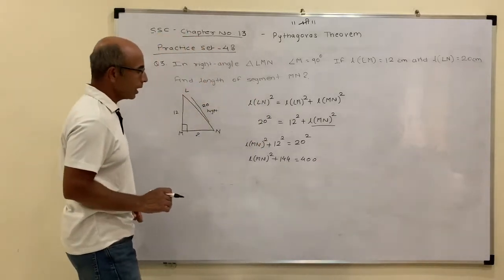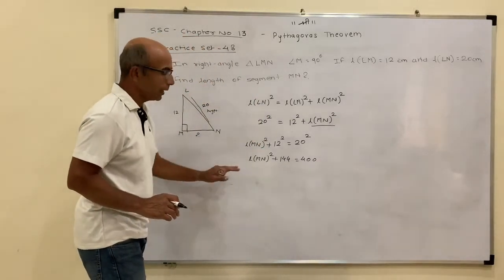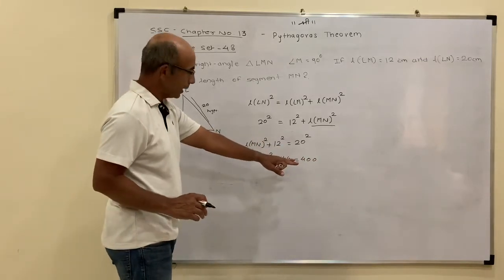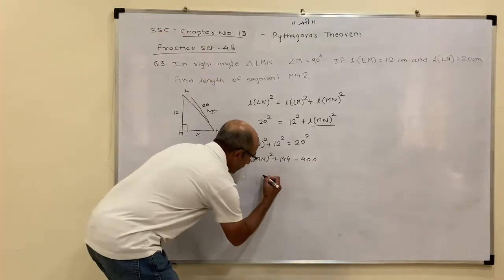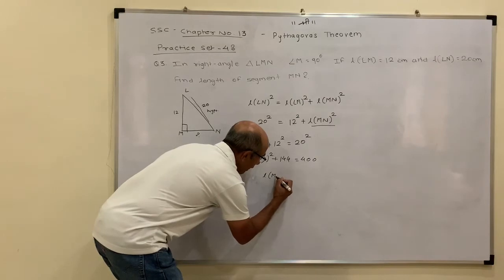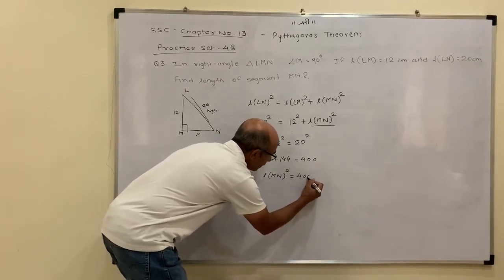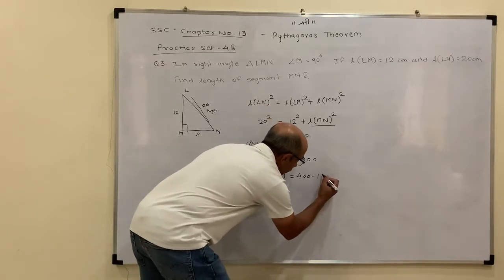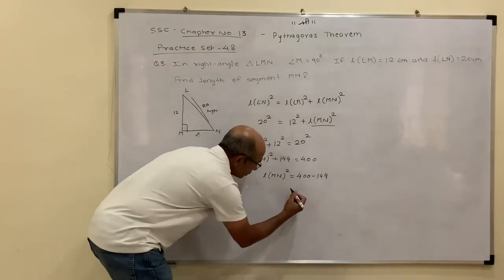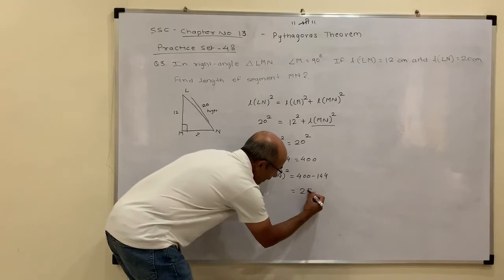Now when I transpose an additive factor from the left hand side to the right hand side, it will be subtracted. So length MN square equals to 400 minus 144. So that comes out to be 256.